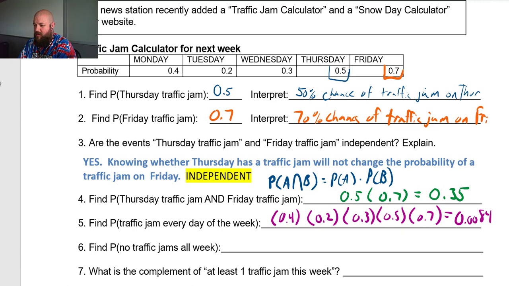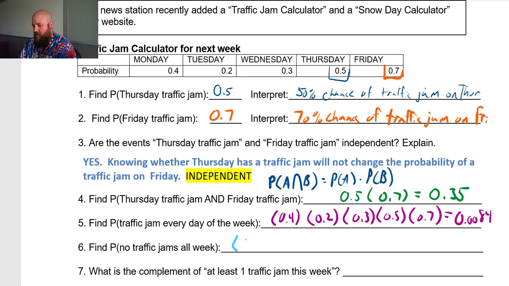In other words, to have no traffic jam on Monday, the probability is 0.6. The probability of no traffic jam on Tuesday is 0.8. We're going to continue to do that for each day of the week because this is listed as a probability that there will be a traffic jam, so 1 minus this will give us the value of it not being a traffic jam.